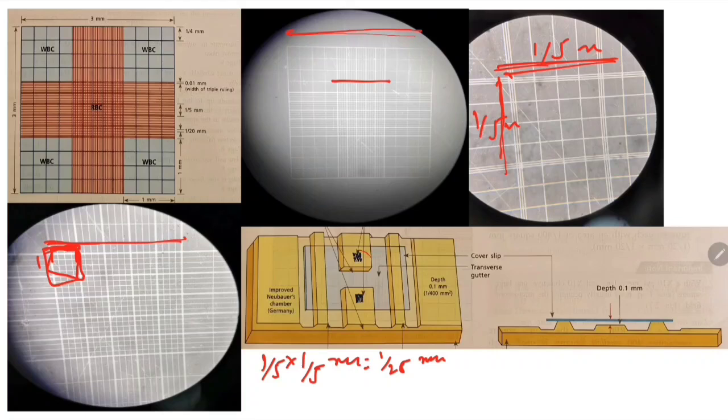So area into depth, we know the depth is 0.1 millimeter, or we can say 1 by 10 millimeter. So 1 by 25 into 1 by 10, 1 by 250 millimeter.